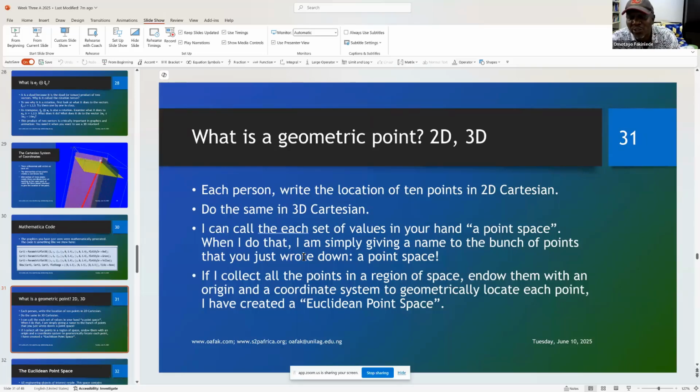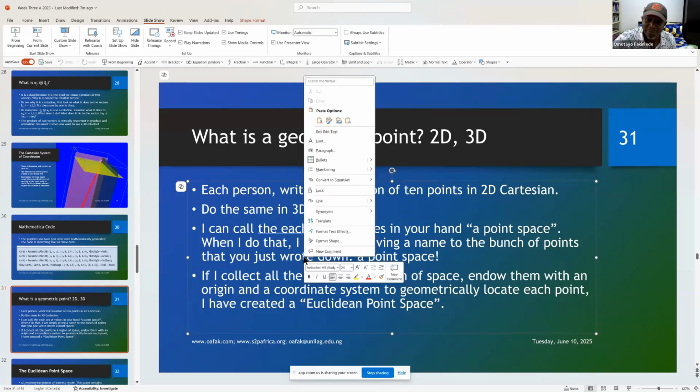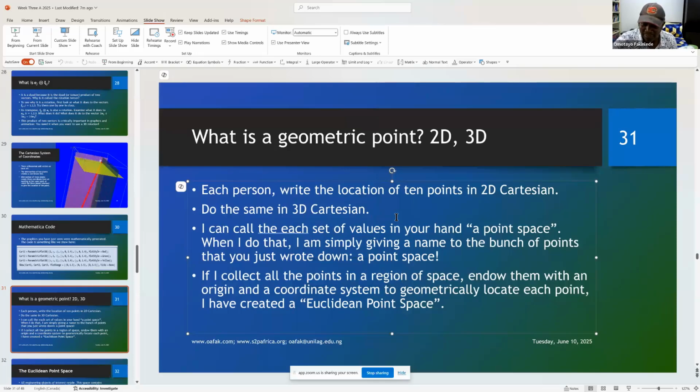If it's a human being, anything you can see. The only thing that may not be in the point space will be a spirit that you cannot really know. Because if it's a spirit, you don't know where, you cannot tell me what the location is. But if it is a physical object that we can handle, you can tell me precisely where it is located in the point space.